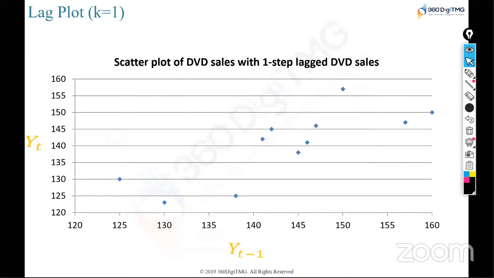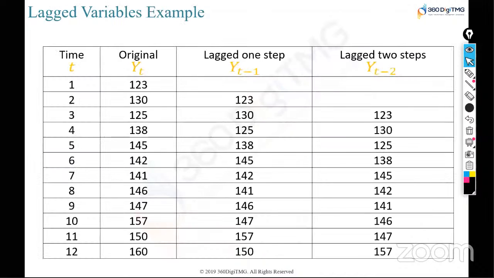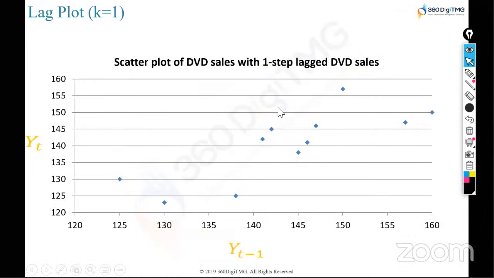And if the lag plot is having good correlation, good tightness, then I can conclude that we can progressively forecast the next value, next value, next value automatically. Okay. So this is what it is.